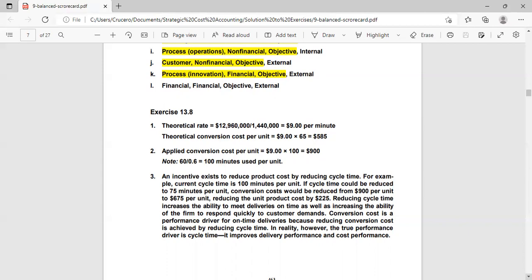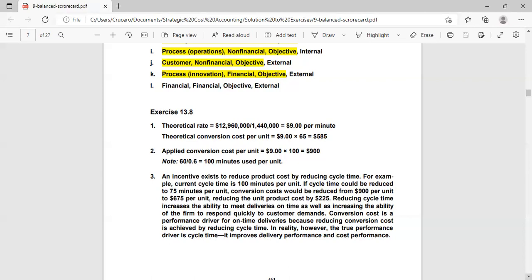For example, current cycle time is 100 minutes per unit. If cycle time could be reduced to 75 minutes per unit, conversion cost would be reduced from 900 to 675. And again, conversion cost is the sum of direct labor and factory overhead.